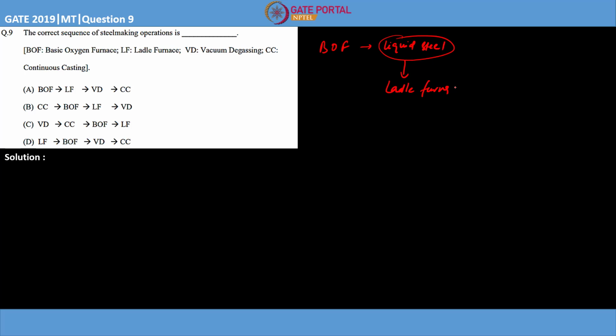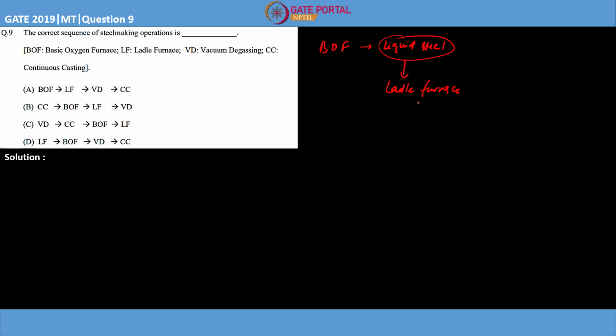So at the ladle furnace, we have electrodes, basically 3 electrodes made up of graphite, and these electrodes will be heating the liquid steel present in our ladle. The main purpose of this ladle furnace treatment is basically reheating the liquid steel by electric power, which is conducted by graphite electrodes.